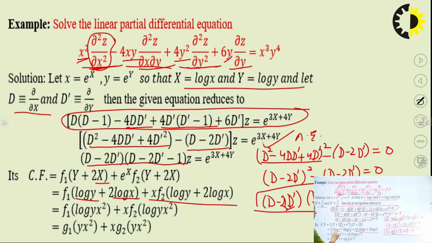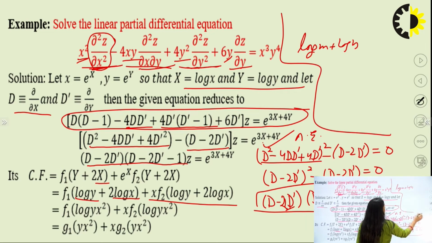So on writing it here, you see we know that log m plus log n is equal to log m into n, and log m minus log n is equal to log of m upon n.